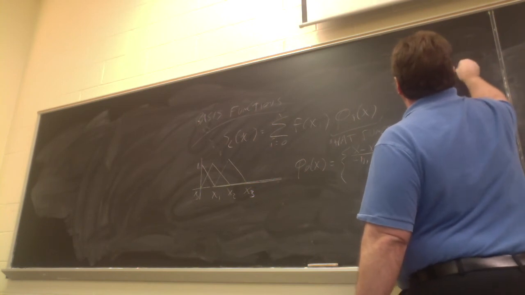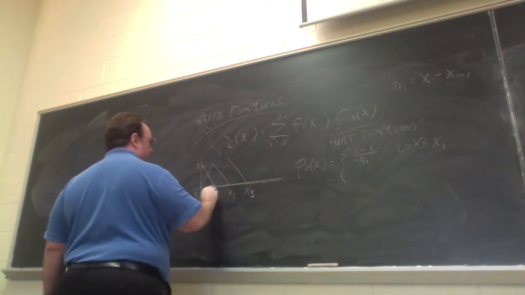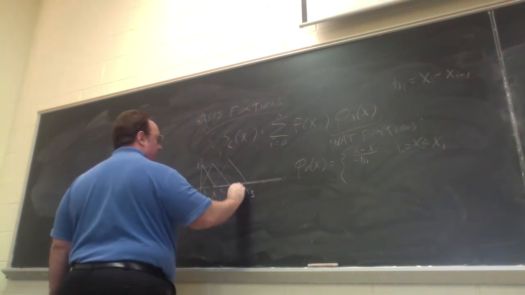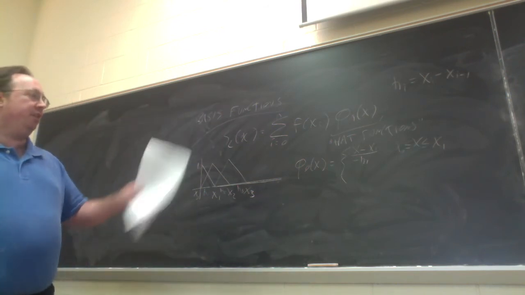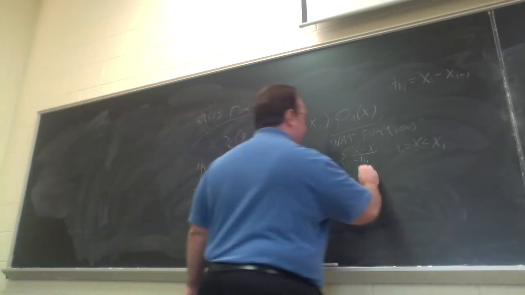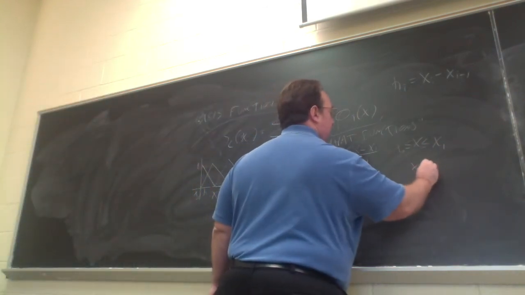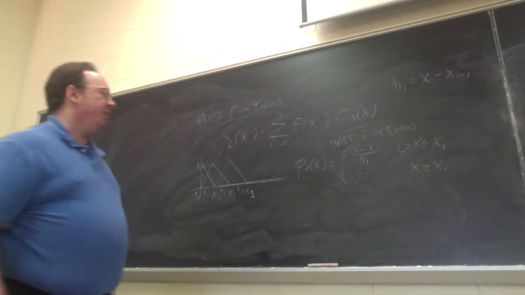Each subinterval has width hi, so h1, h2, h3, and so on. So that's what it is on that first interval, and I'm just using Lagrange interpolation here. And it's equal to 0 after that. Okay. So that's the first hat function.